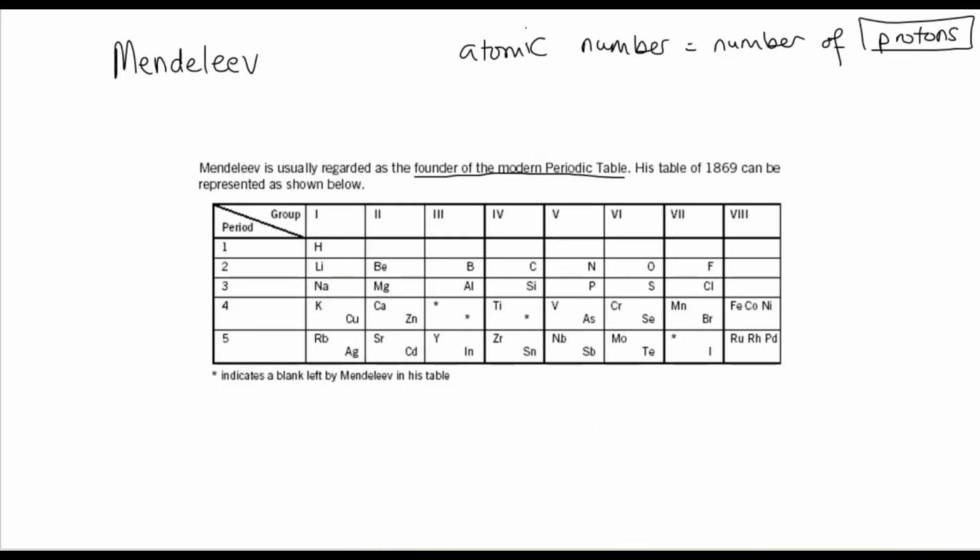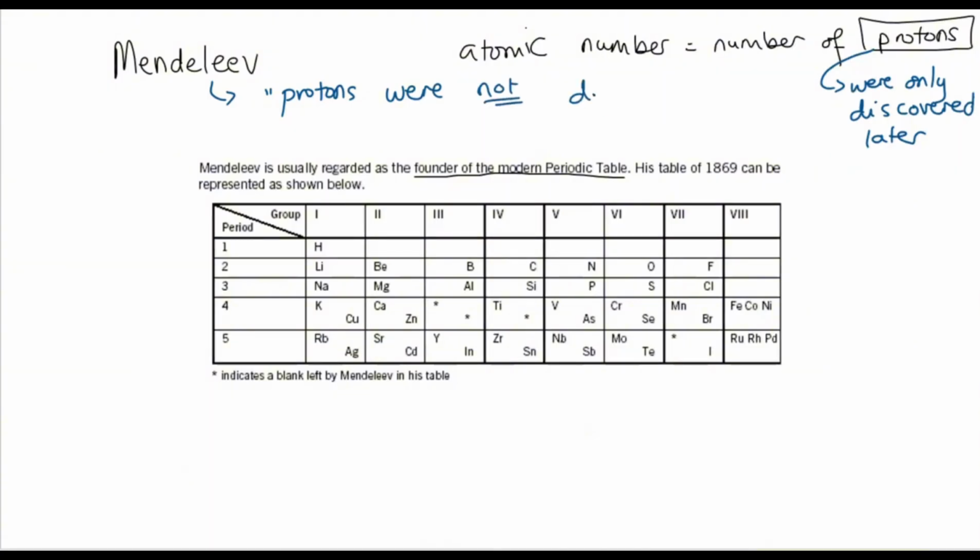So protons were only discovered later. So for Mendeleev's time, protons did exist, but they were not discovered at that time.